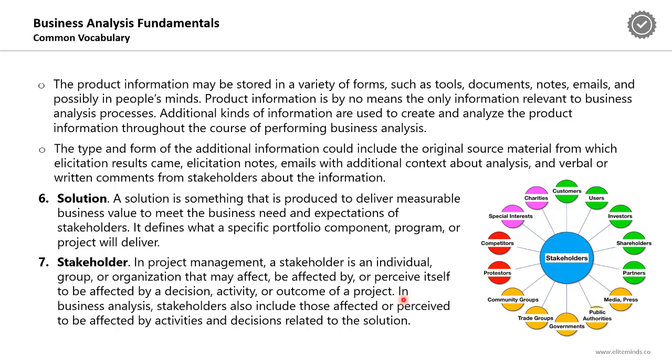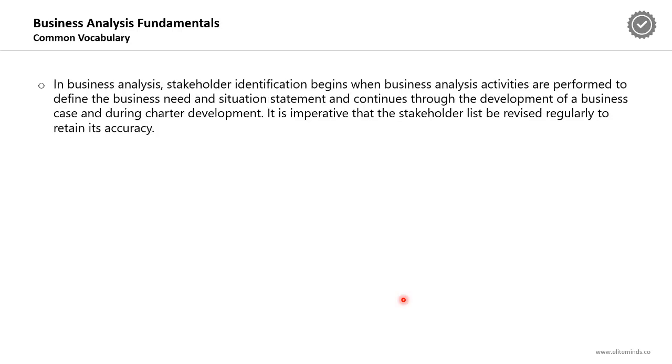So in business analysis, stakeholders also include those affected or perceived to be affected by activities and decisions related to the solution. In business analysis, stakeholder identification begins when business analysis activities are performed to define the business need and situation statement, and continues through the development of a business case and during charter development.